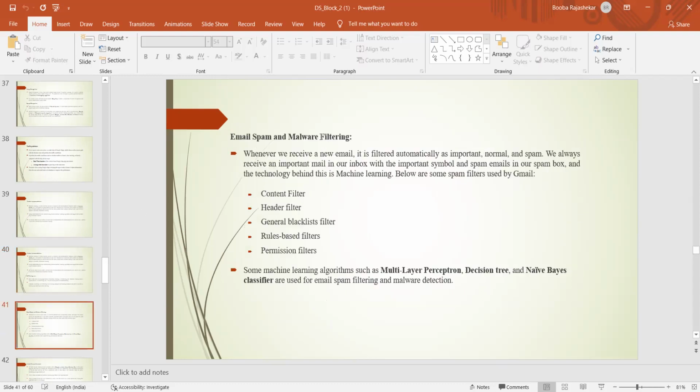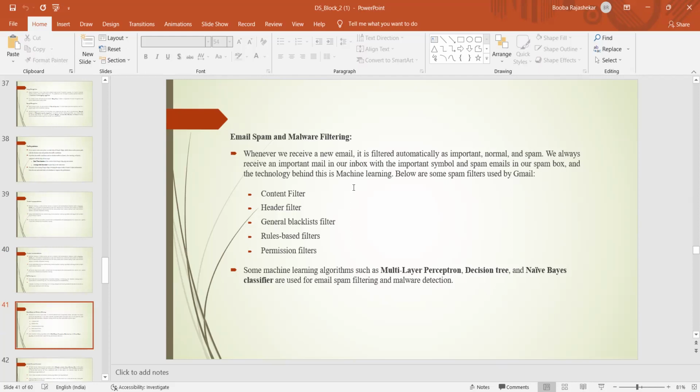Next one, email spam and malware filtering. Whenever we receive a new email, it is filtered automatically as important, normal, or spam. We always receive an important mail in our inbox with the important symbol, and spam emails in our spam box. And the technology behind this is machine learning. Below are some of the filters: content filter, header filter, general blacklist filter, rules-based filter, permission filter.